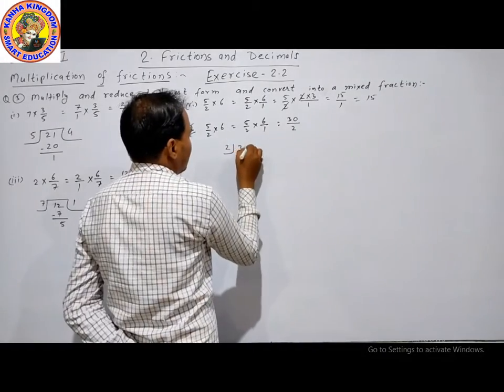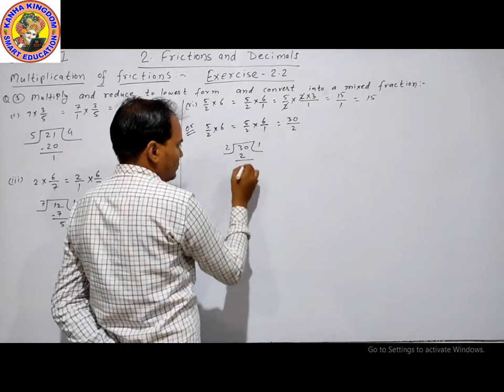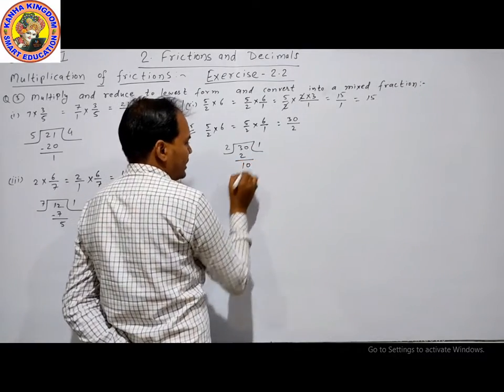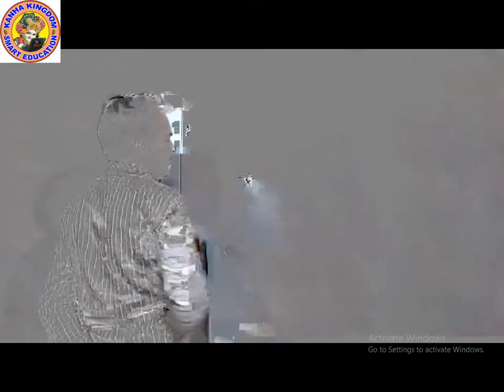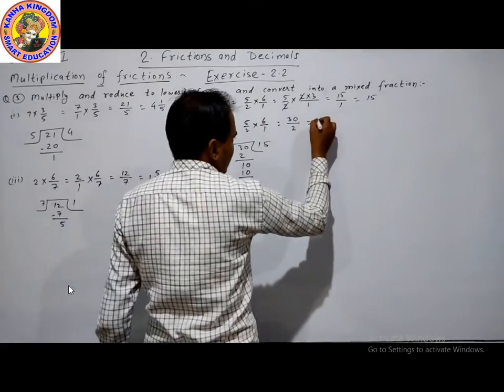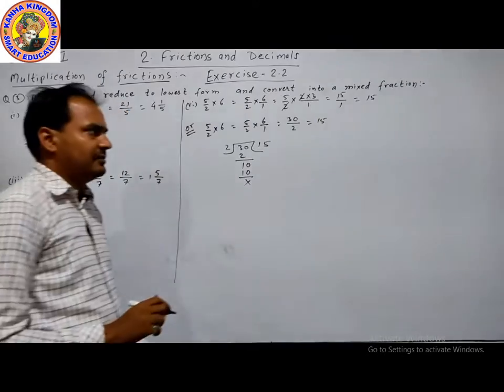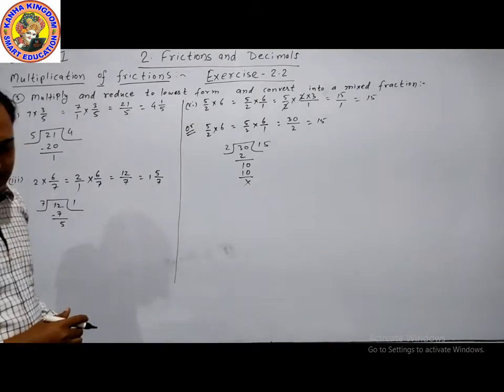When 2 divides 30, 1 time 2, remainder is 1, next digit is 0. 5 times 10, there is no remainder, so the answer is 15. So this is our final answer.